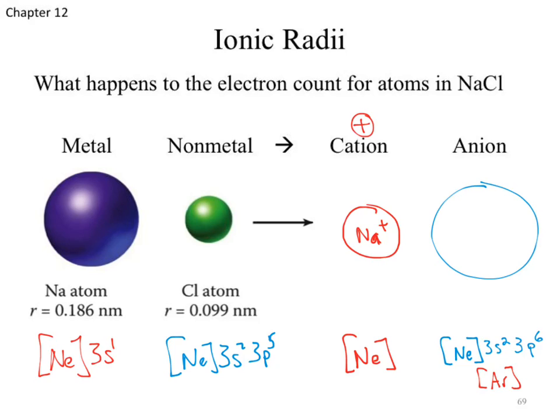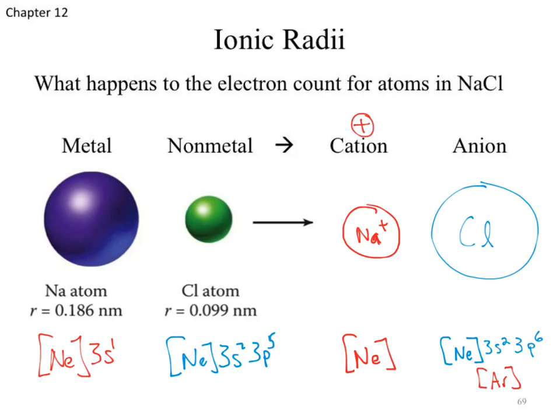It gains a proton, so the electron gets sucked a little bit tighter. When we look at the chloride ion, we add an extra electron. Do we change the nucleus? So now the nucleus, no longer as positive, can't hold that negative charge as tightly, and what happens? It drifts a little bit further away. Our radius increases.